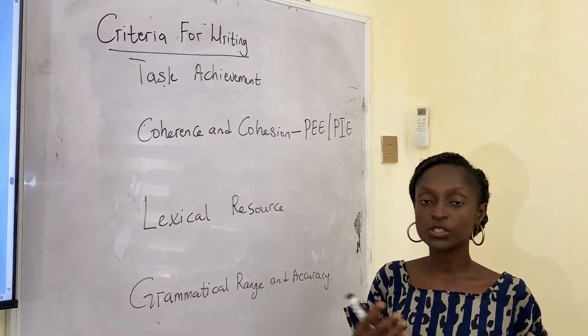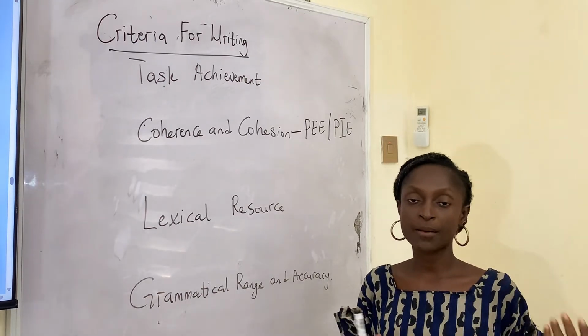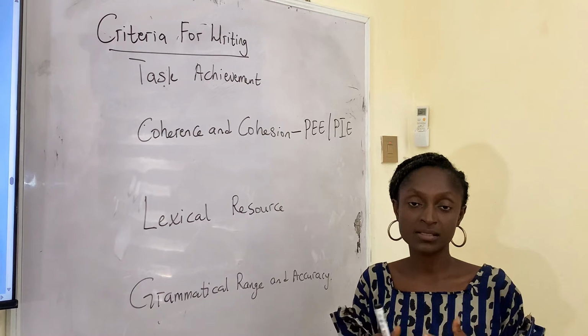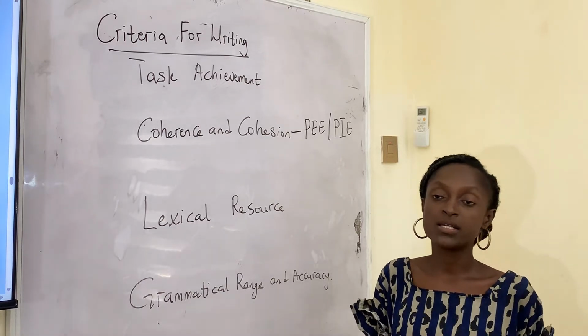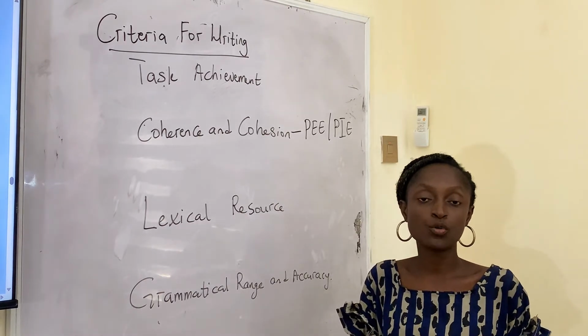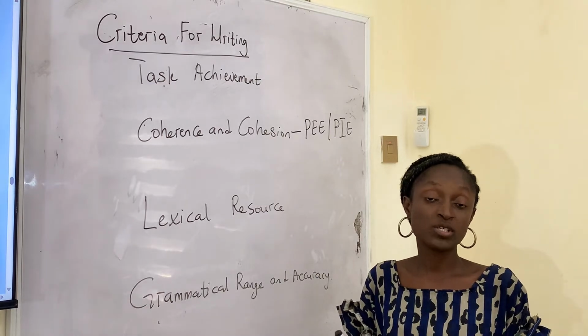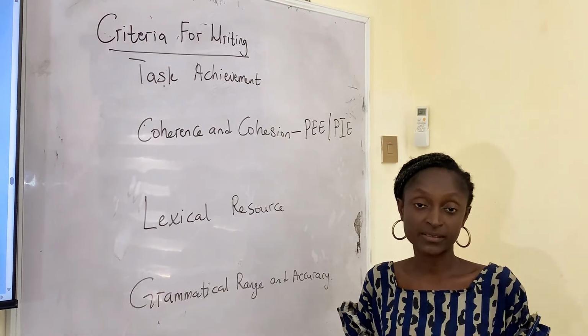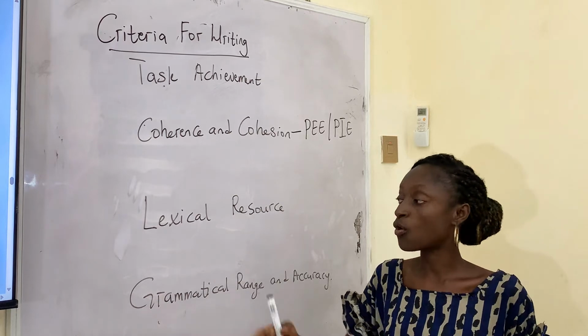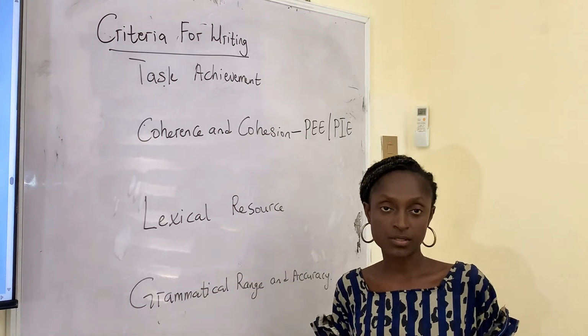Because if we keep switching between the British system and the American system while we are still writing a particular letter, it simply means we are not sure of our spelling, and that would affect our score under lexical resource.